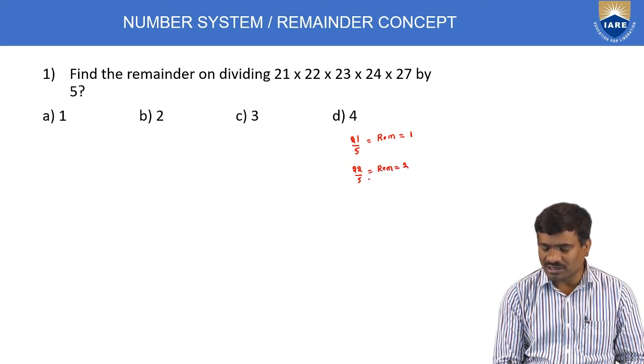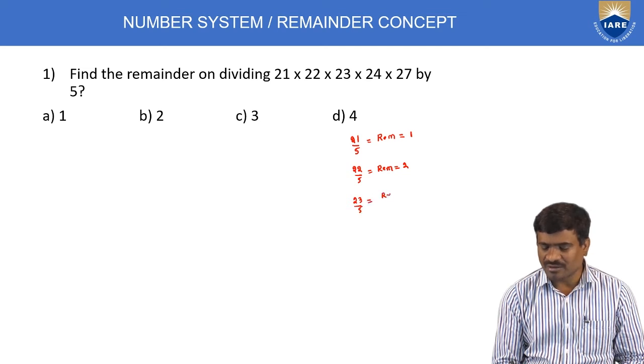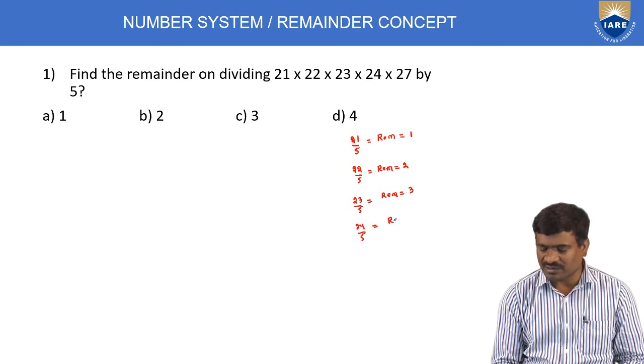Next 23 divided by 5, remainder 3. Next 24 divided by 5, remainder 4. Next 27 divided by 5, remainder 2.